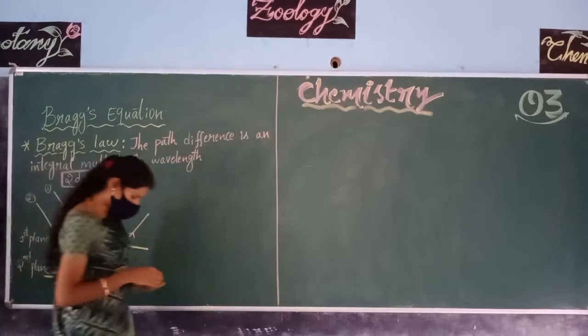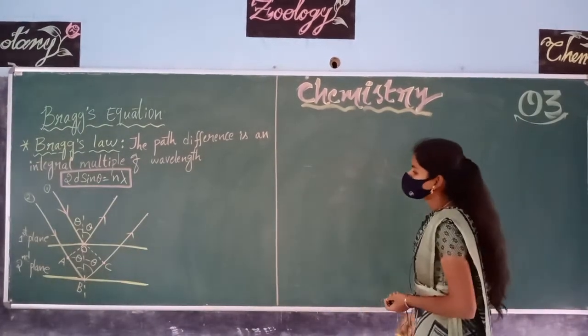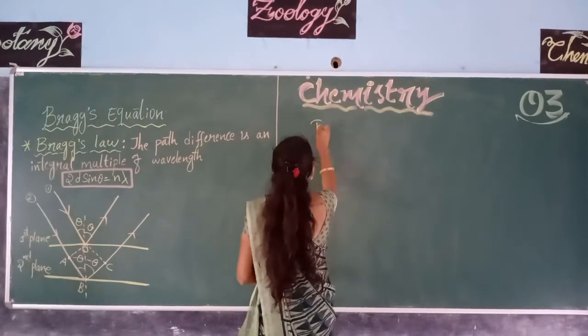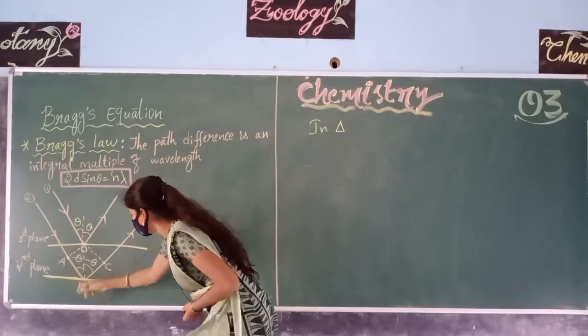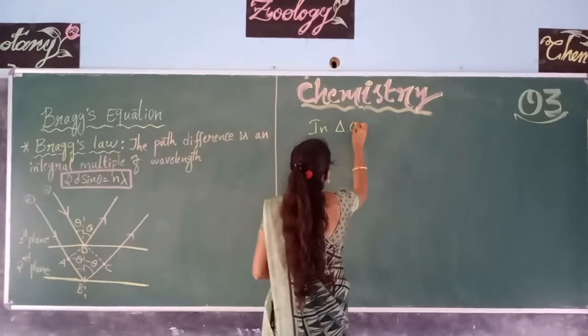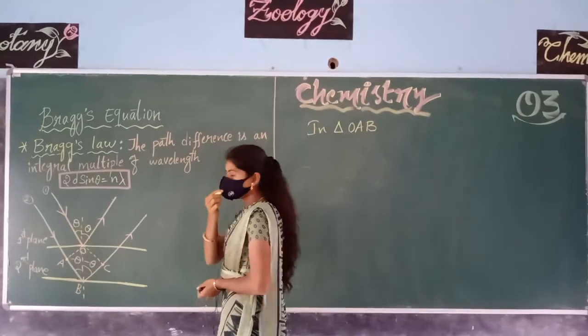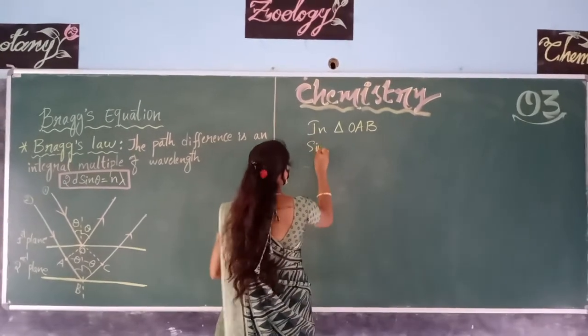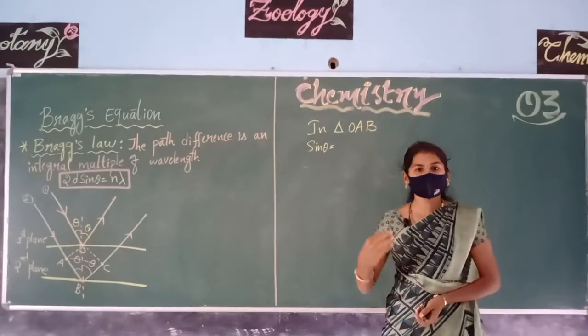First we will consider the triangle OAB. In triangle OAB, we know that sin theta is equal to perpendicular by hypotenuse.